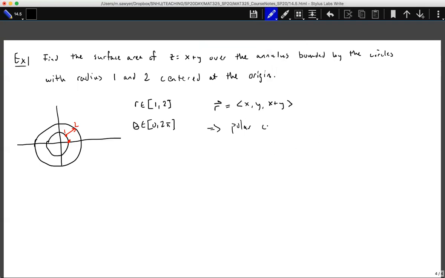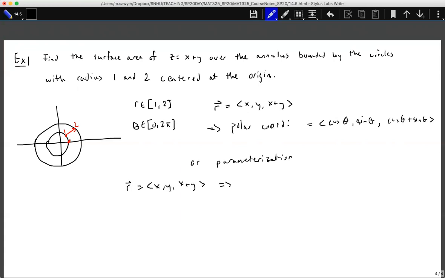So doing the polar conversion first, we would get (cosine theta, sine theta, cosine theta plus sine theta), and then we could calculate there. Or if we stayed with our parameterization, r is equal to (x, y, x plus y).